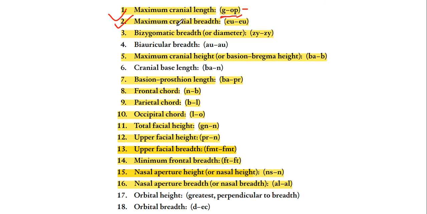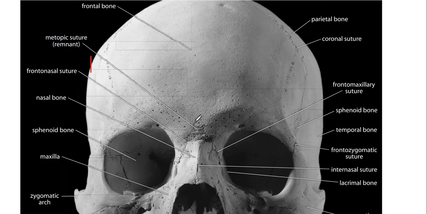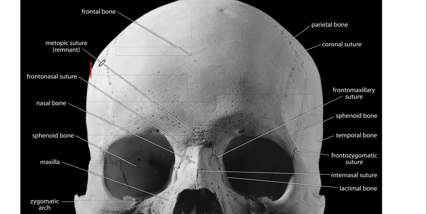Next, coming on to maximum cranial breadth from the two euryons, as I mentioned, from the frontal view, on the parietal wings of your skull, the most posterior point of your parietal bone, which is very clearly visible as the border of your skull from the frontal view.